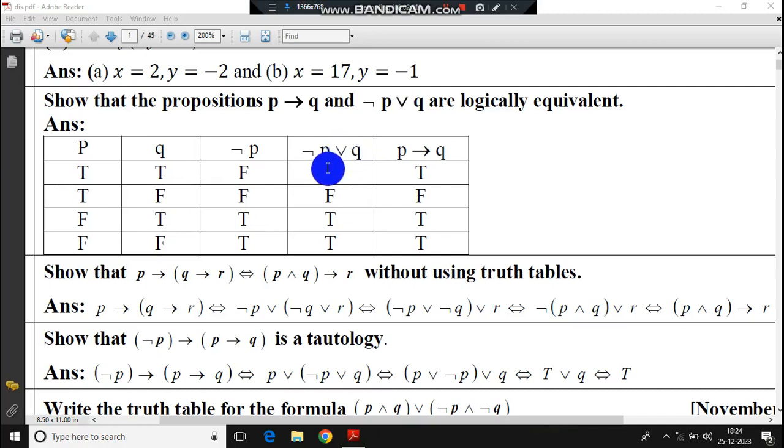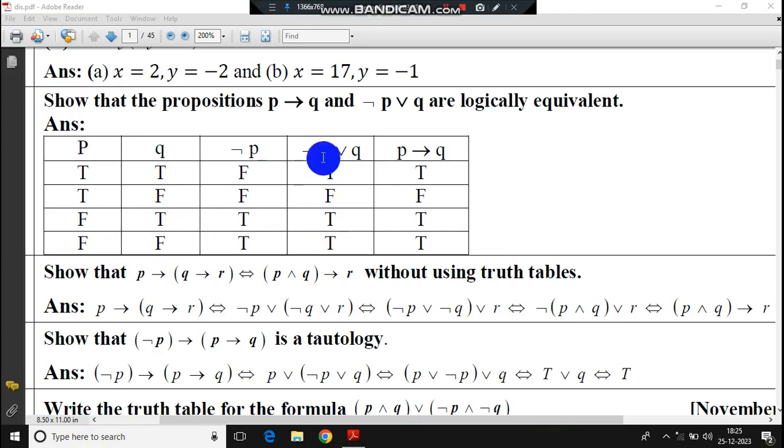The formula says that if this is false and this is true, then negation of P or Q is true. So if negation P is false and Q is false, then we have false. Then the formula says that if negation P is true and Q is true, then the truth value is true.